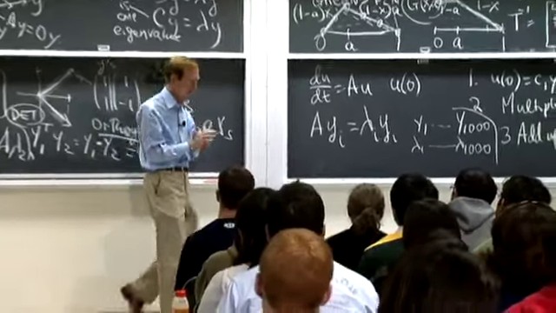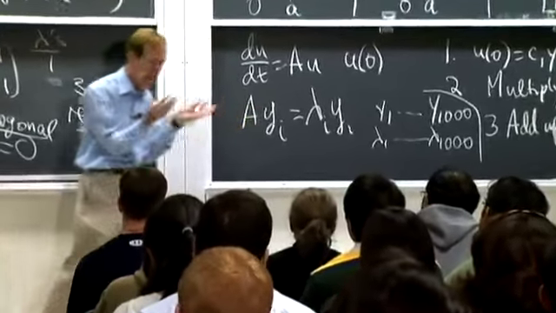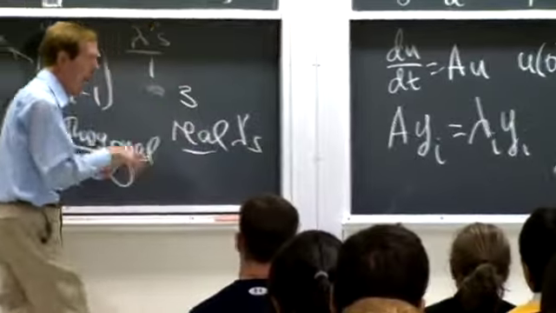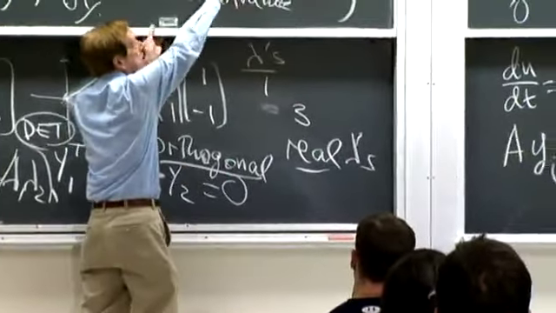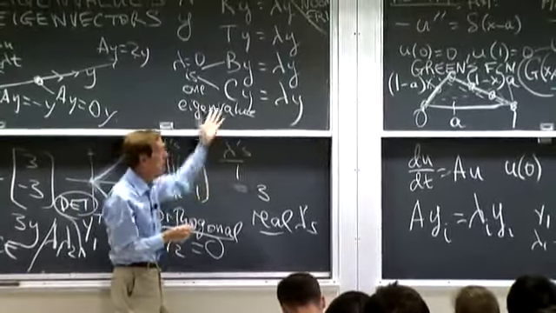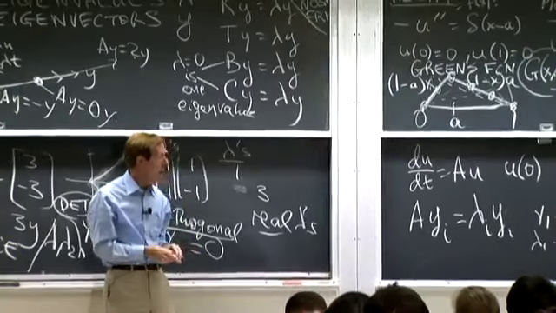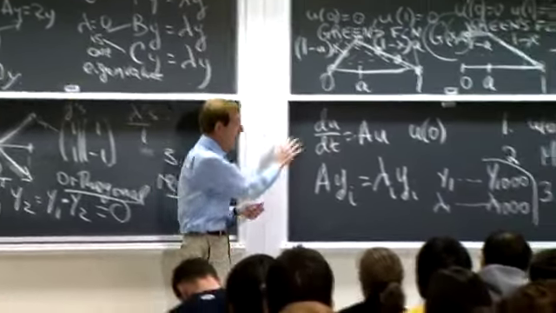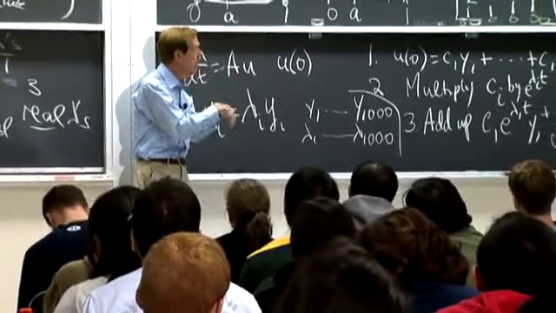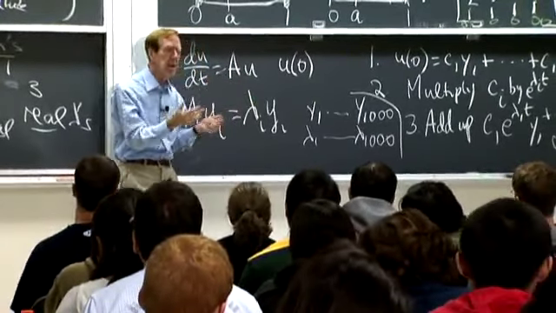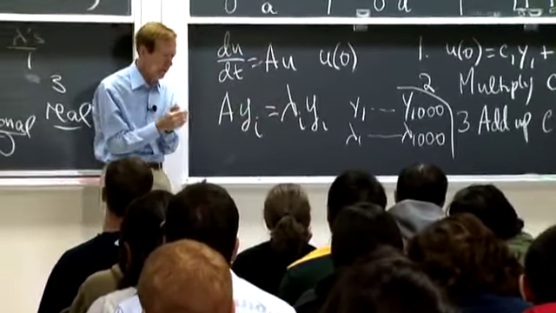For symmetric matrices, if size is 1,000, they have 1,000 eigenvectors, and next time we'll have a shot at some of these special matrices. So this method always works if I've got a full family of independent eigenvectors.